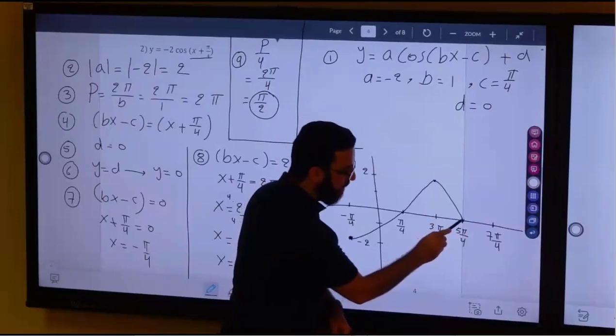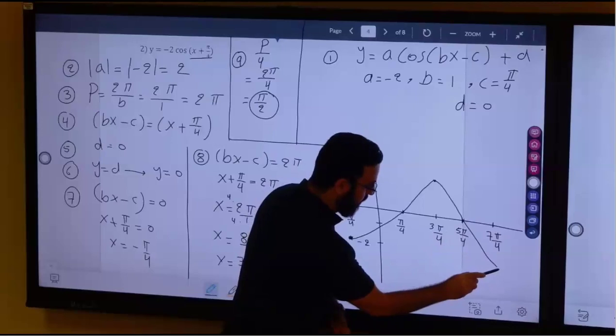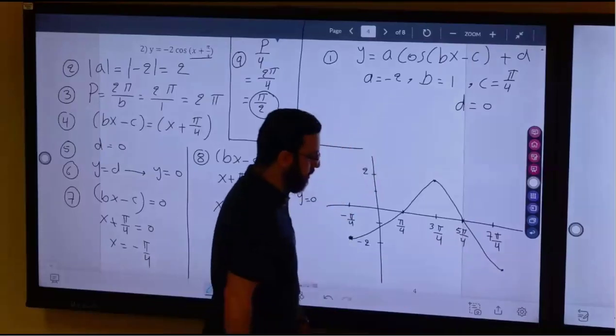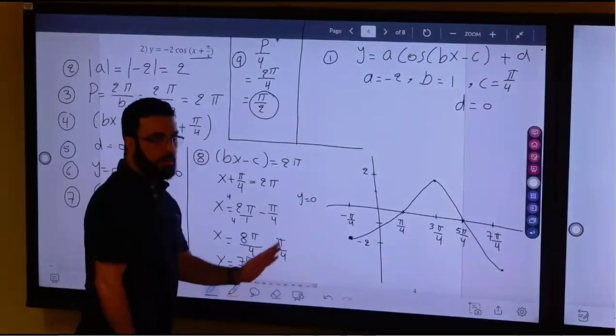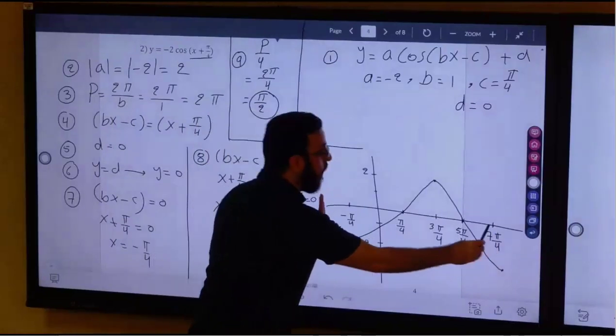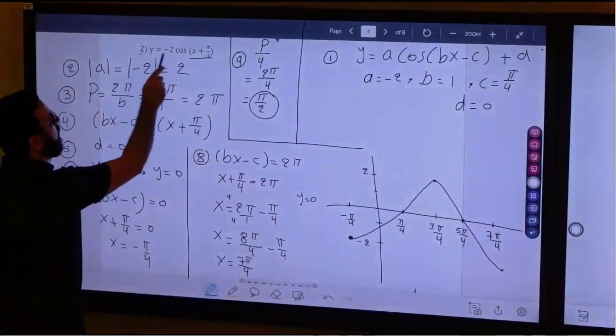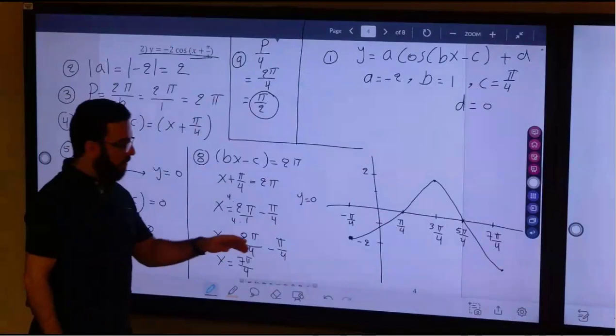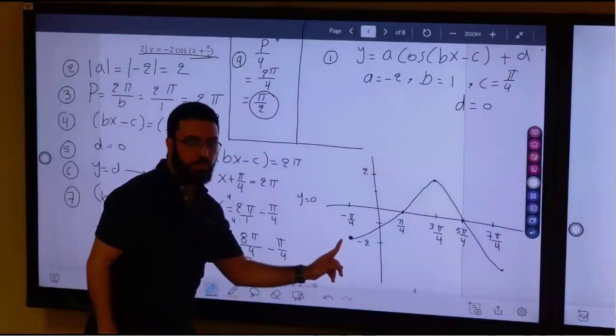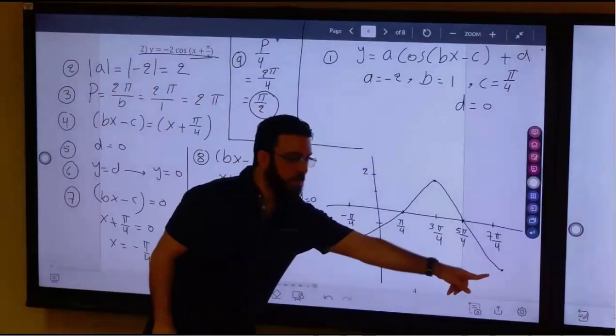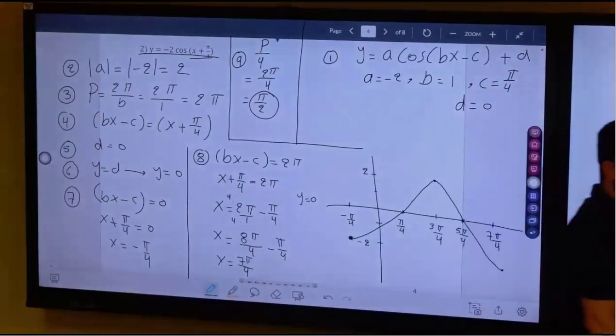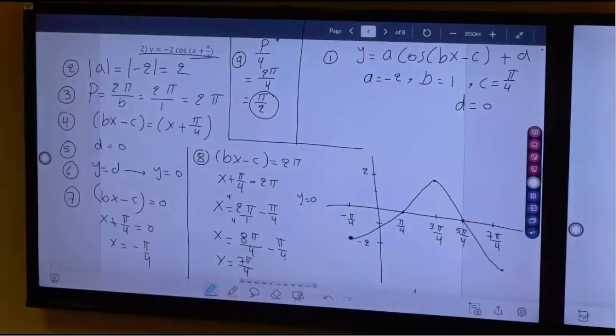Then go back to the minimum. That's it. That's the whole period for this graph, from negative pi over 4 to 7 pi over 4.